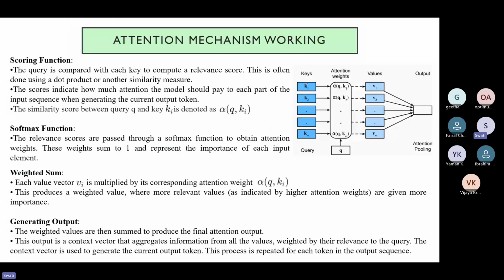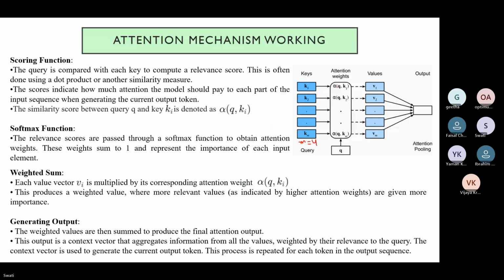Okay, so suppose K1, K2 represent your input sequence, and here we have M equal to 4. So you will have alpha values, four of them. These relevance scores are again passed through a softmax function, which will do the normalization work.